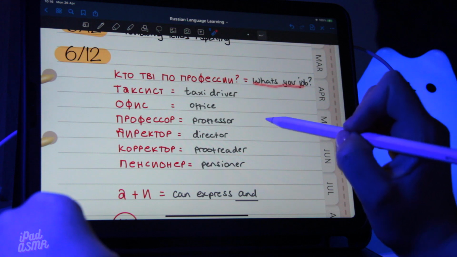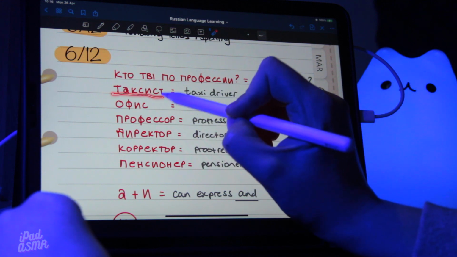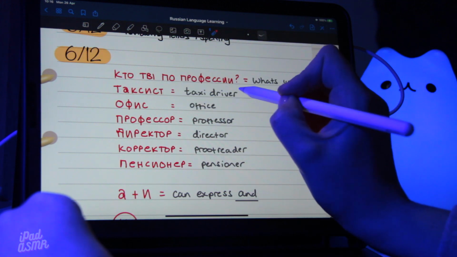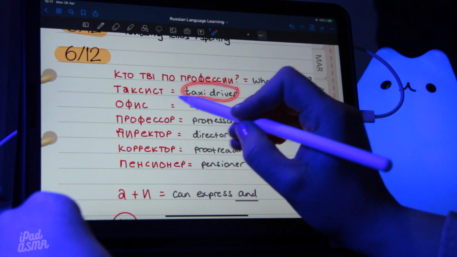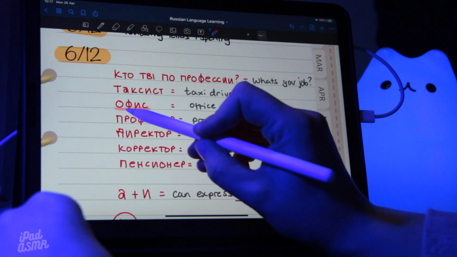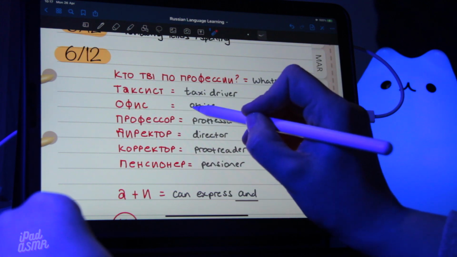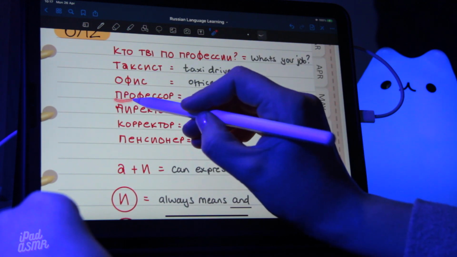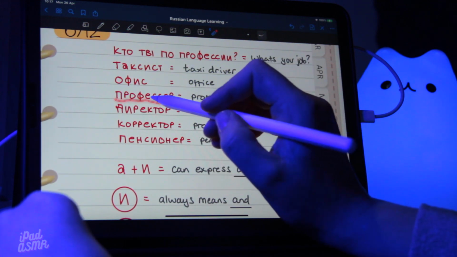What's your job? Taksist. Taxi driver. Office. Professor.